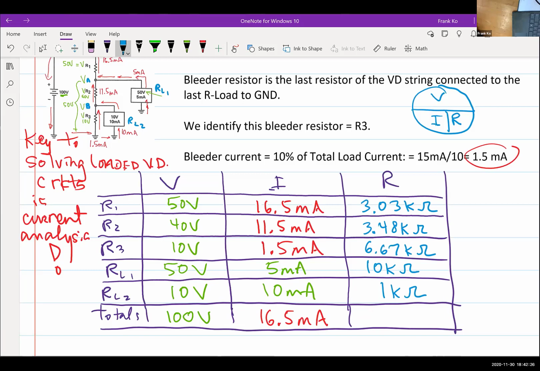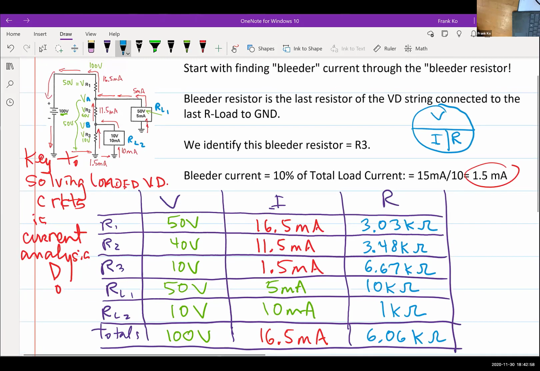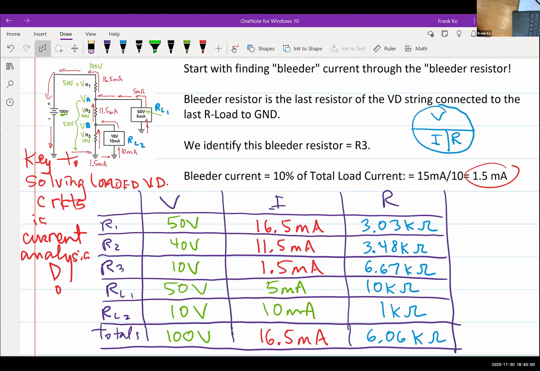And then my R total, 100 divided by 16.5 milliamps, 100 divided by 0.165 works out to be 6.06 kilo ohms. Is everybody okay with how that analysis came about?